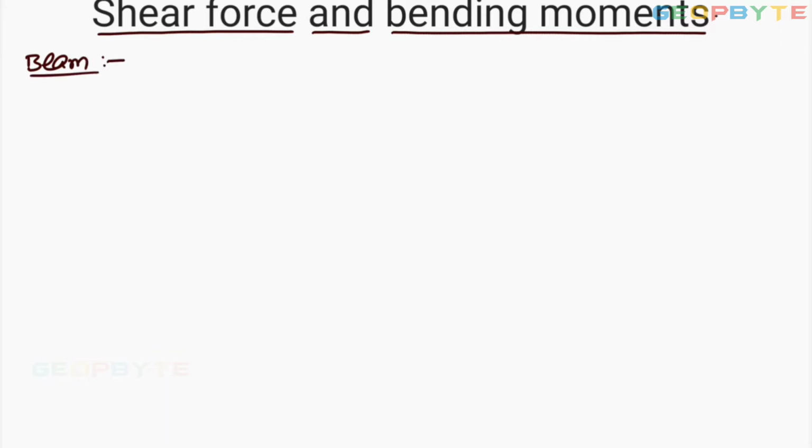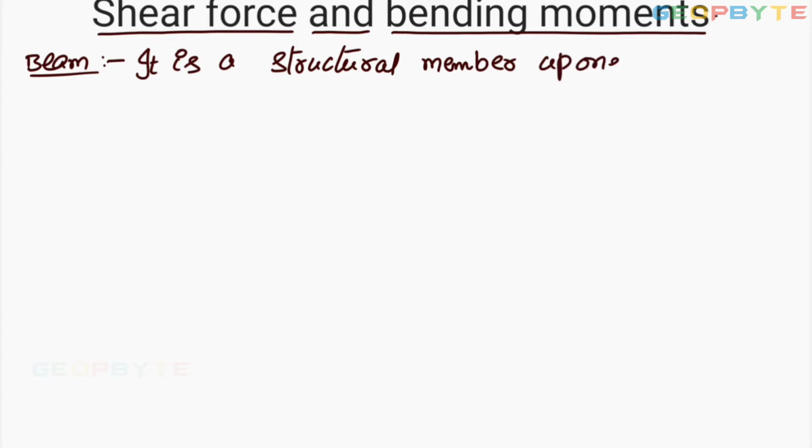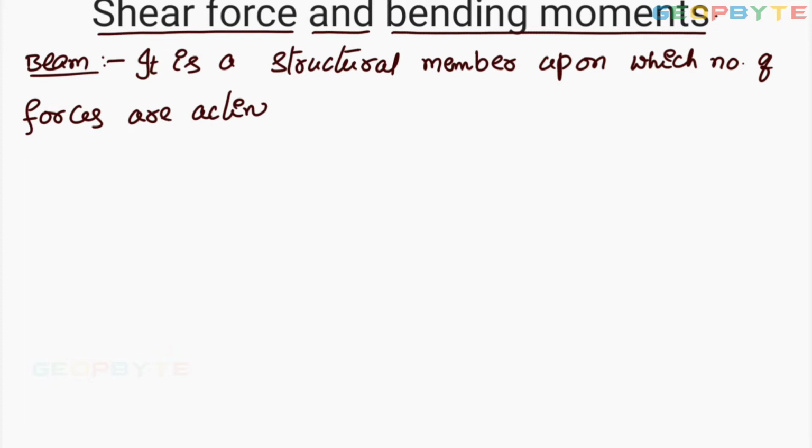Beam is a structural member upon which a number of forces are acting perpendicular to its axis.